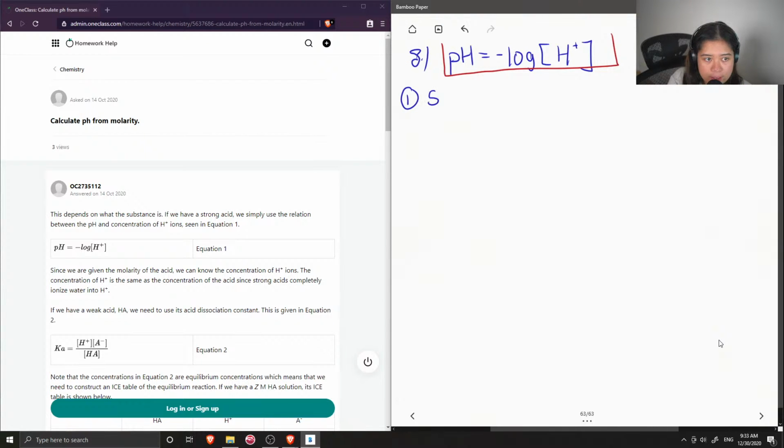So in the first instance, we can have a strong acid, which completely dissociates into its ions.